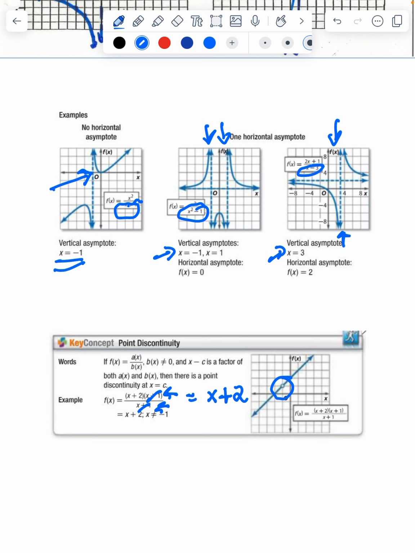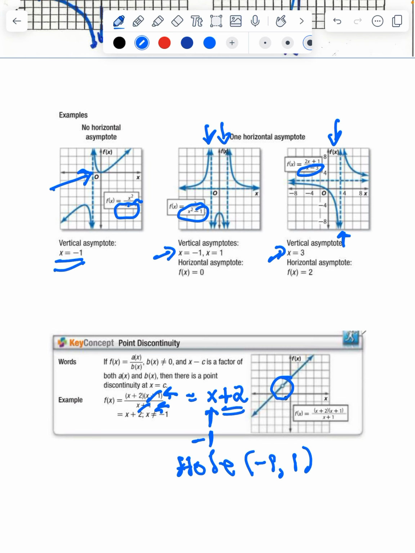When x is -1, if you plug -1 into the simplified function, -1 plus 2 is +1, so the hole occurs on this graph at (-1, 1), which is that open circle that's part of the line x plus 2.